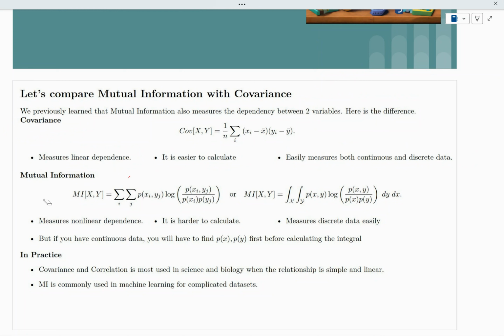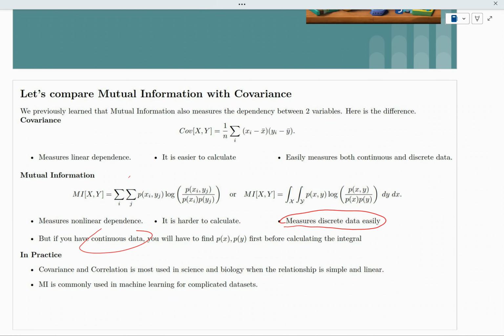The mutual information essentially measures nonlinear dependence. So you can say that this is superior, because it measures nonlinear dependence. It's harder to calculate though, so that's the downside. It does more, but it's harder to calculate. It measures discrete data pretty easily.